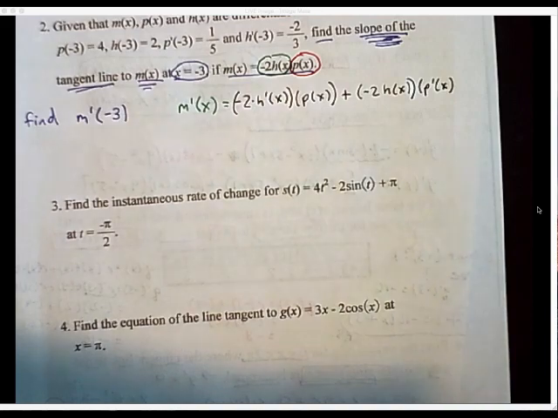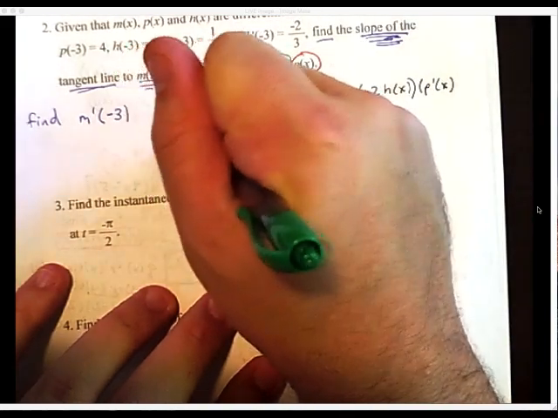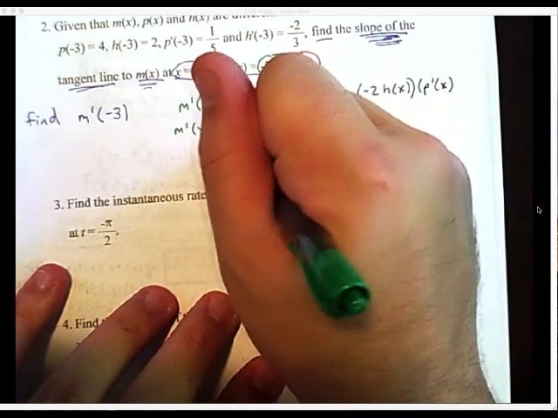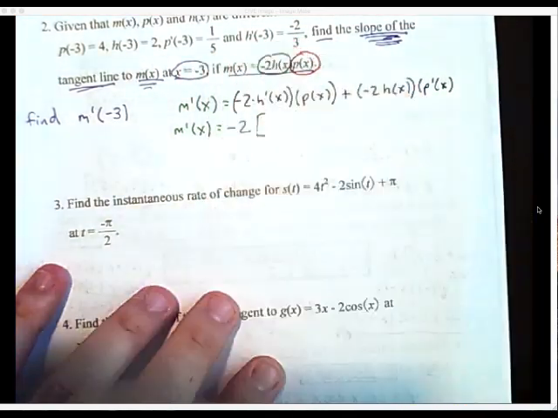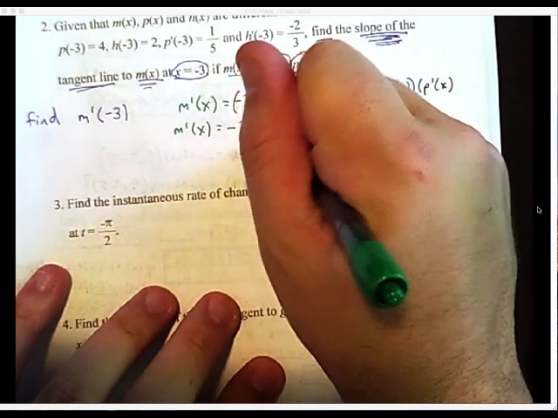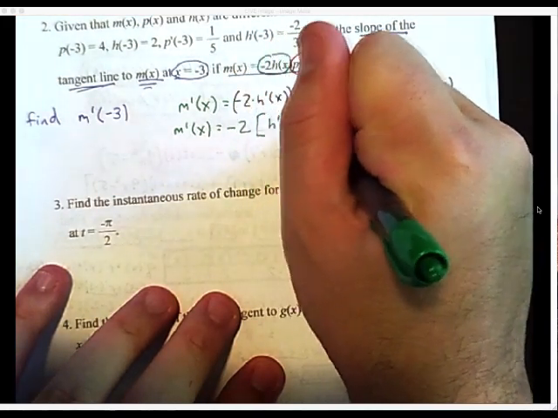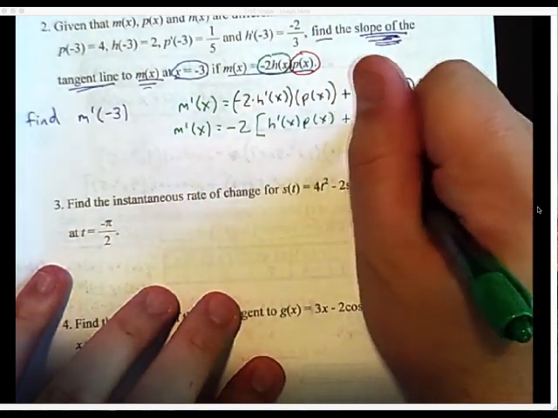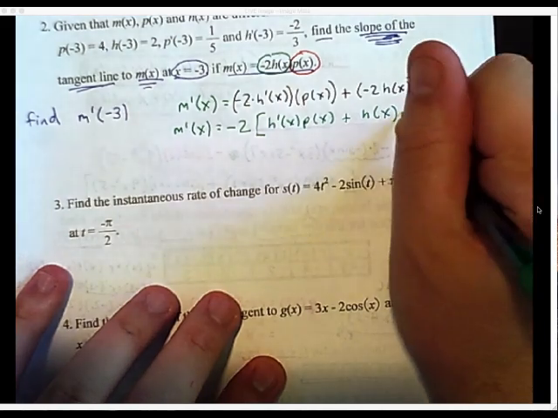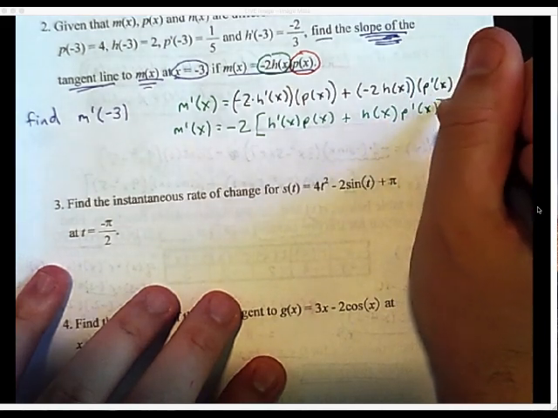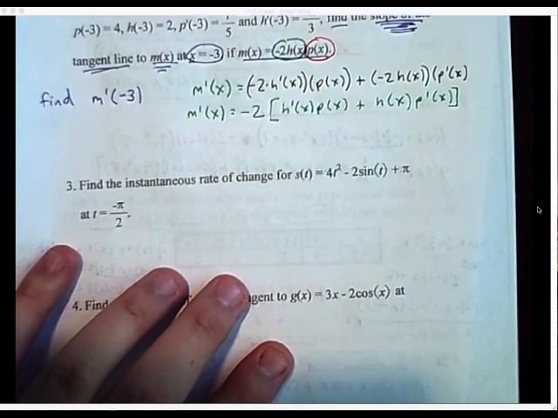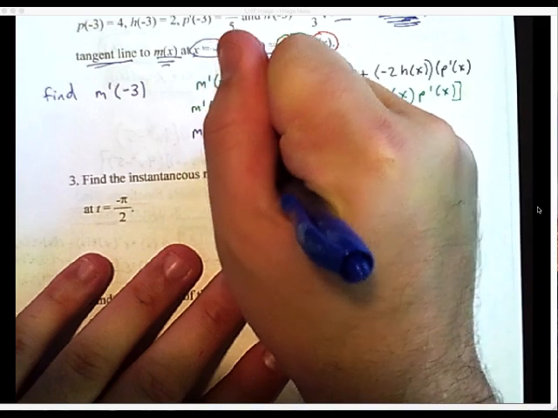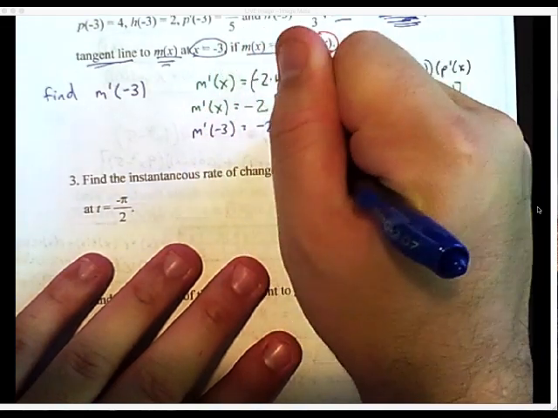Now, before we start plugging in numbers, if you wanted to make life a little bit simpler, both of these things have a -2, so I could just go ahead and pull out that -2. Then I could just say h prime of x, p of x. I already took out that -2, so plus h of x, p prime of x. Maybe the numbers will get easier after that. But I want to know m prime of -3, so everywhere I see an x, I'm going to plug in a -3.